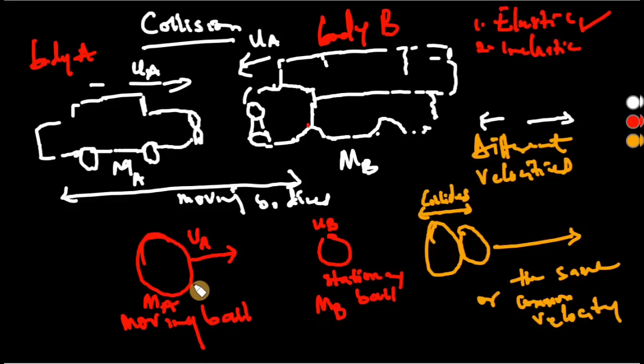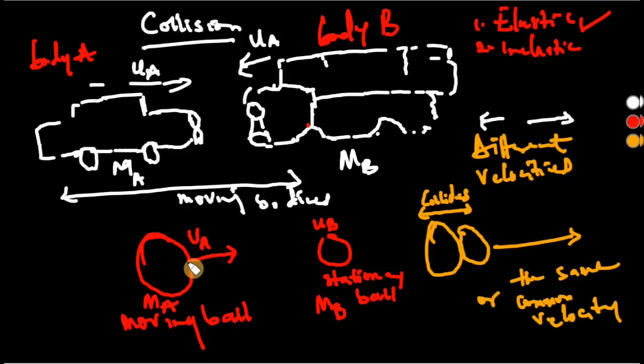So we notice that momentum before collision will be the same as momentum after collision in an inelastic collision, but the kinetic energy is always lost. So we shall demonstrate that in this lecture.